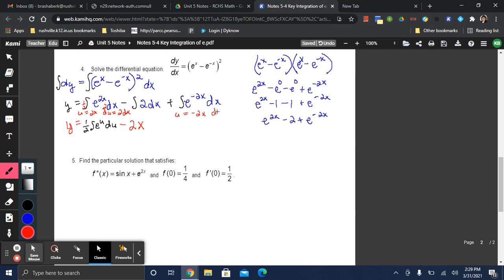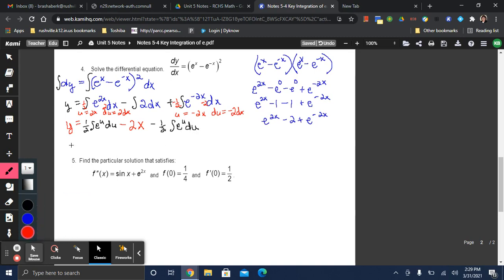Your du would be negative 2 dx. So we need a negative 2. We'll balance that with a negative 1/2. And so we'll have negative 1/2 times the integral of e to the u du.